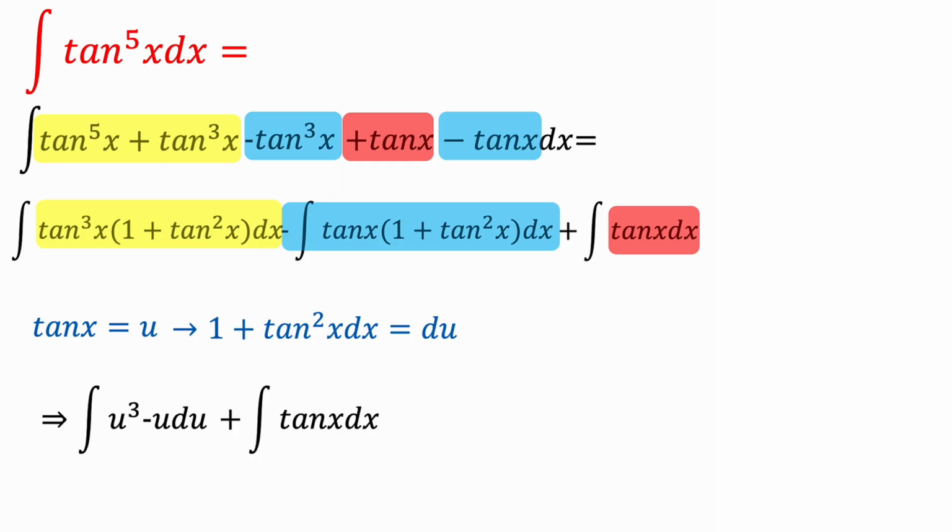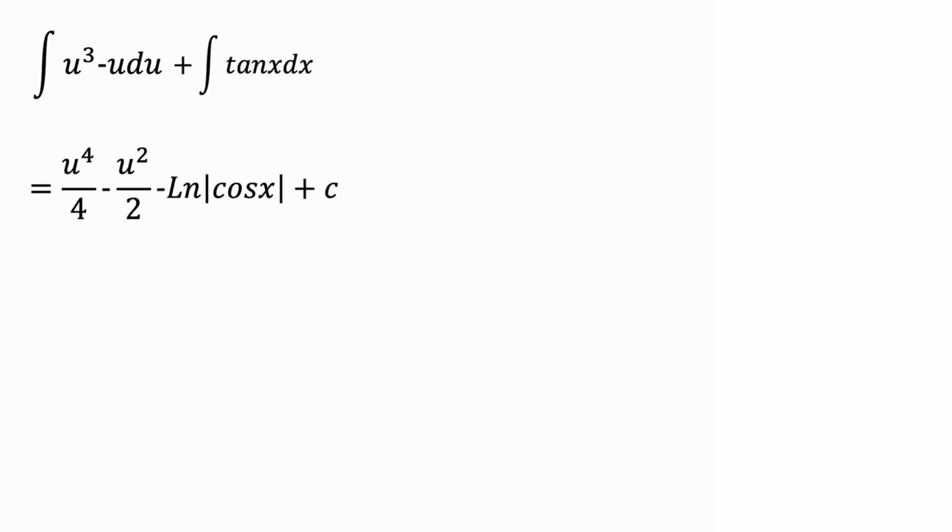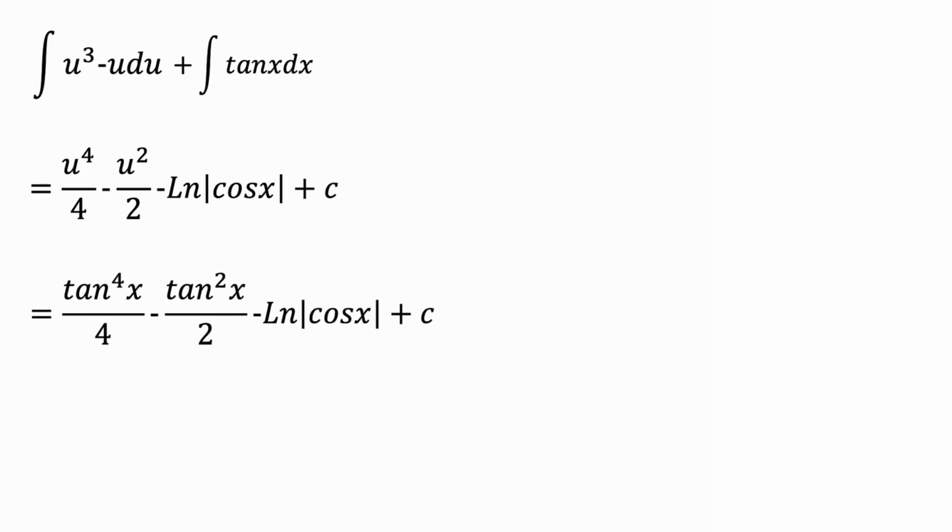All right, u cubed, whose integral is u to the 4th over 4. And for minus u, its integral is also straightforward. It becomes minus u squared over 2. Then only the integral of tangent remains, which we discussed earlier, and you were supposed to memorize. The result is minus natural log of cosine x. Now, we substitute tangent x back in place of u, and the result of the integral is obtained.